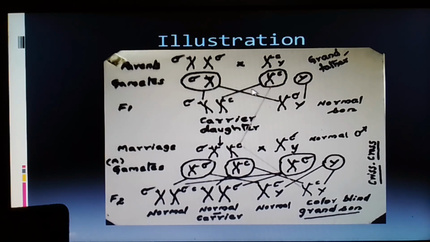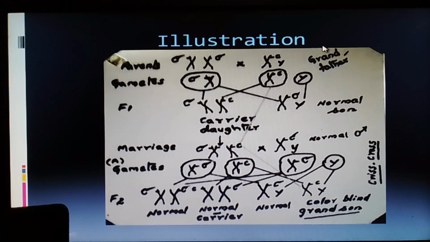Here you see a light line. The character of the grandfather passes through the daughter to his grandson. Can you see it clearly?